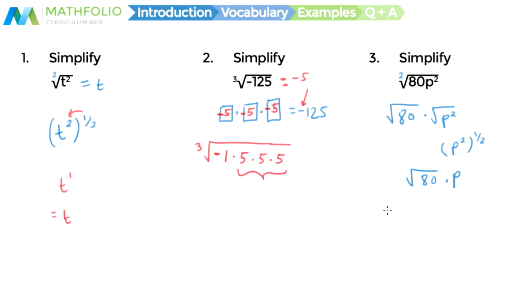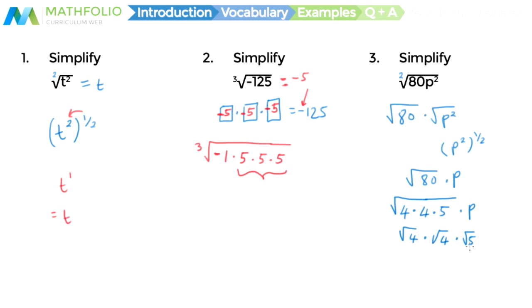If we keep investigating this, well, we can say that the square root of 80 is the square root of 4 times 20, because if we divide 80 by 4, we get 20. So 20 is also 4 times 5. So we could bring out the p, so the p is not underneath the radical right now. But this is also the same as saying the square root of 4 times the square root of 4 times the square root of 5. So you'll notice that I'm bringing each of these out.